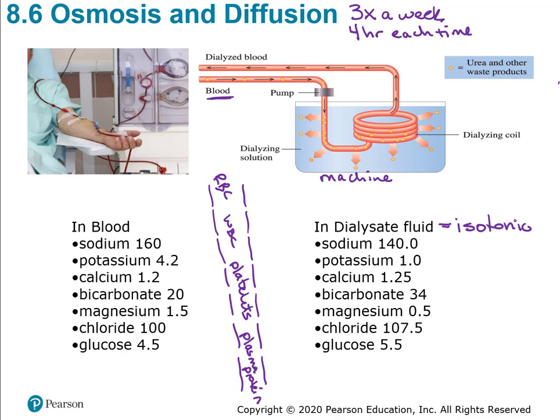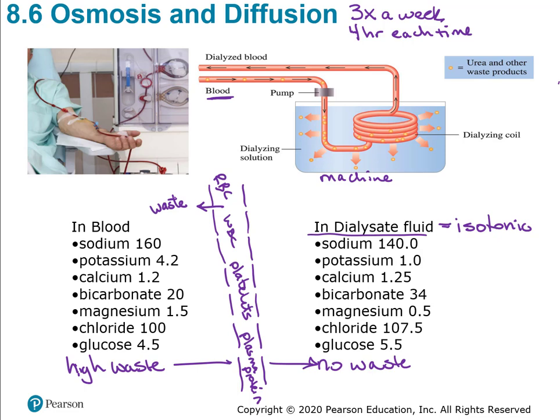Wastes. Wastes begin to diffuse out of the blood. If you look at this dialysate, do you notice there are no waste molecules in the fluid surrounding the tubing? Inside the blood, in this tubing, is where the high waste molecules are. So it goes from high to low. High waste molecules diffuse out of the blood, keep diffusing, all the time as it moves through this tubing. Diffusion of wastes occurs.